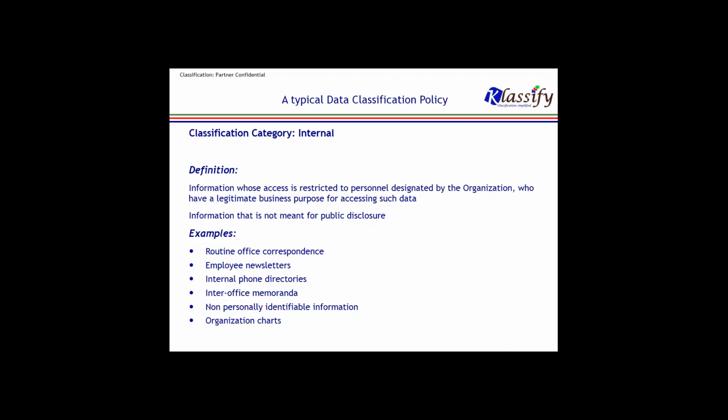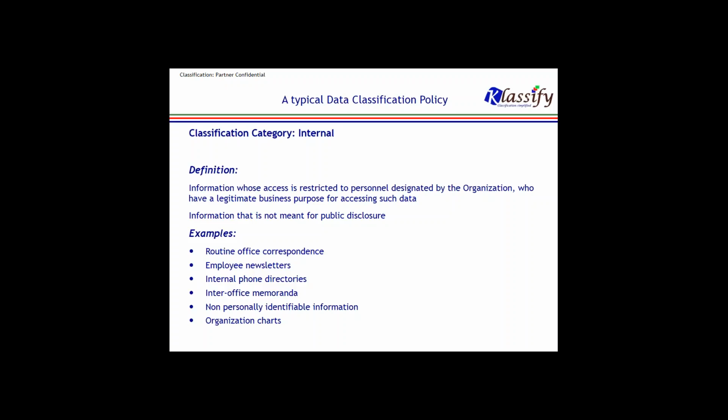Let's look at some of the examples of internal information. Routine office correspondence not required to be shared outside of the office. Employee newsletters, very specific to the employees of an organization. And so are internal phone directories, again very specific to the employees of an organization. Non-personally identifiable information, that means any information which is not related to an employee of an organization. And organization charts.